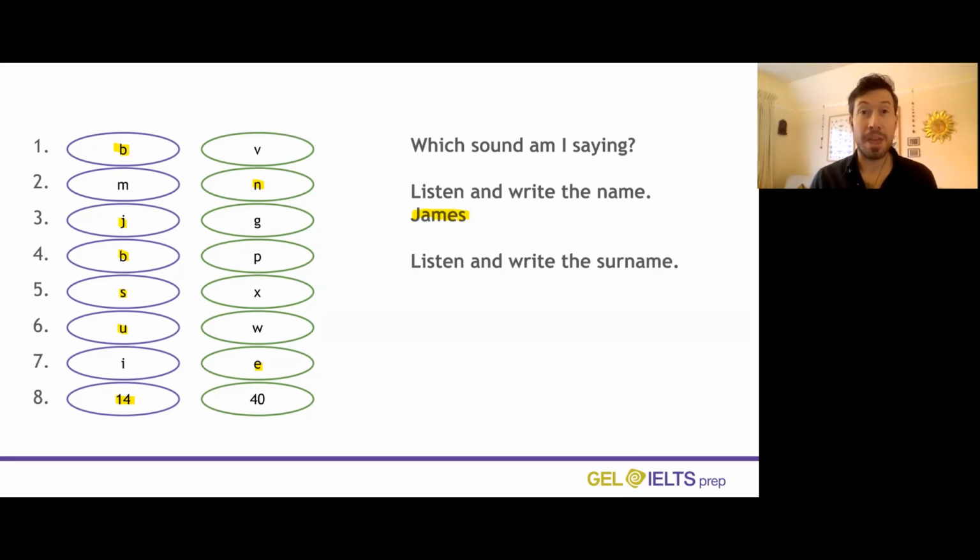V, I, X, E, N. Hopefully you wrote out the name Vixen. So it's more common that someone would say, my name is James Vixen. And you spell Vixen V-I-X-E-N.